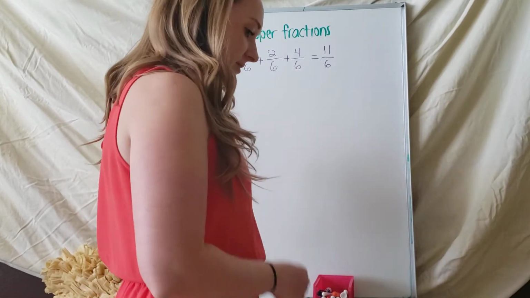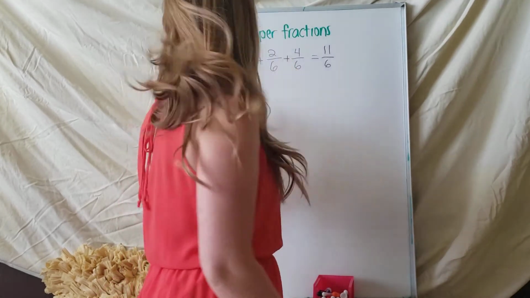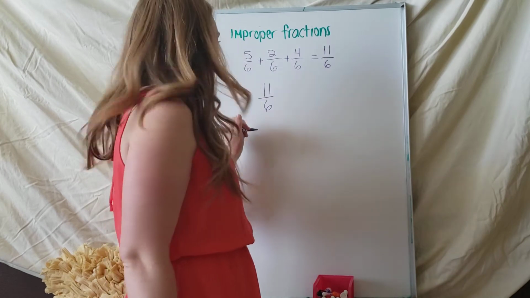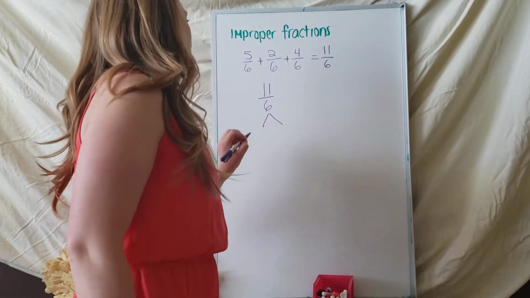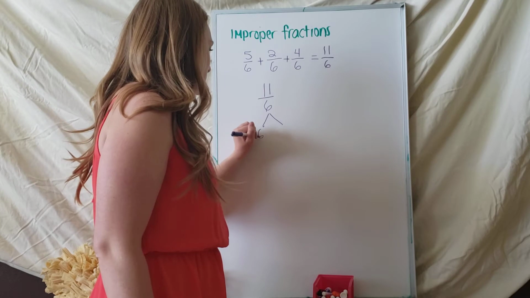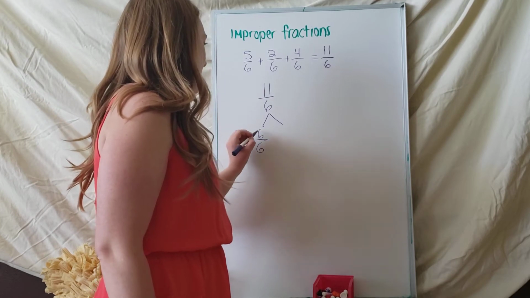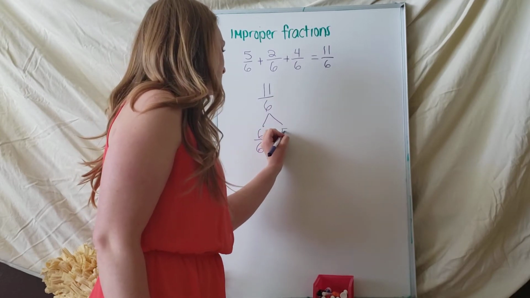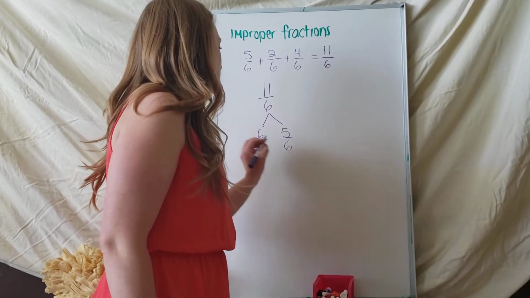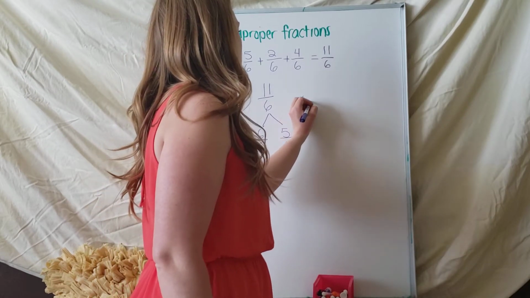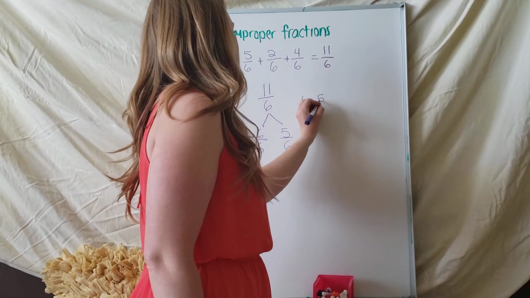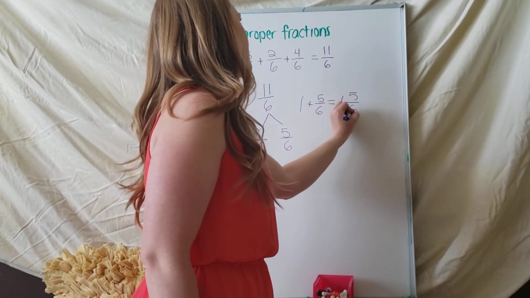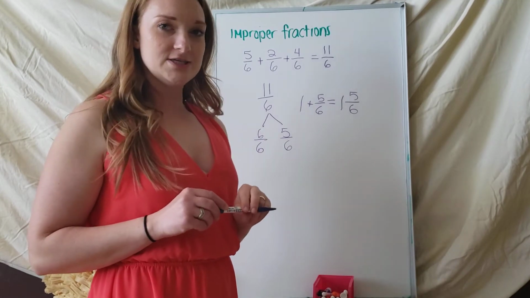And how I would do that with 11/6 is I could write 11/6 and draw a break apart model where I know I can take 6/6 out because that's 1 whole, and the remaining amount I have after that would be 5/6. So if 6/6 equals 1 whole plus 5/6, I have 1 and 5/6. That's changing an improper fraction to a mixed number.